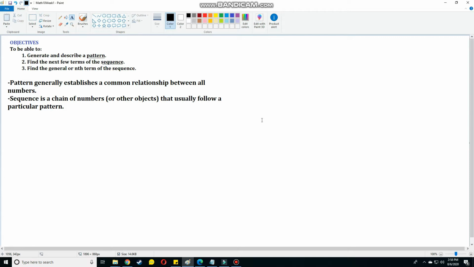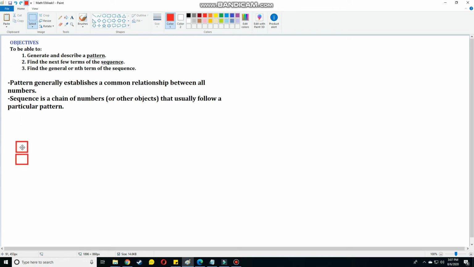And a sequence is a chain of numbers or other objects that usually follow a particular pattern. Now, let's have an example so that we can easily understand the difference between a pattern and a sequence. Let's use this illustration so that we understand better.